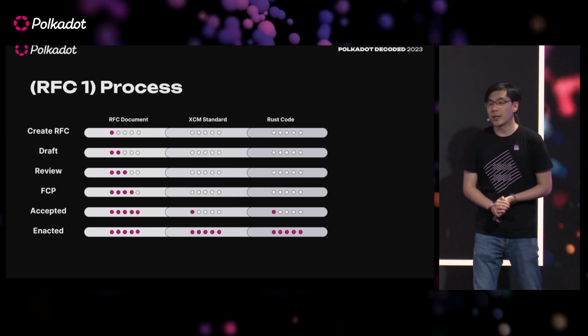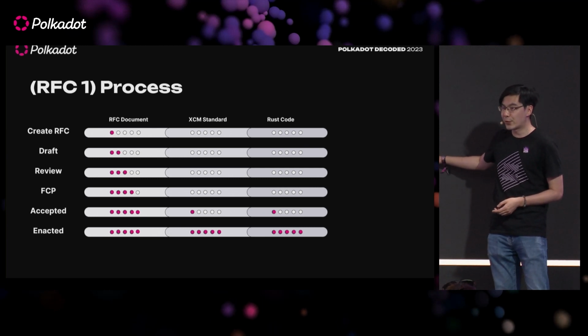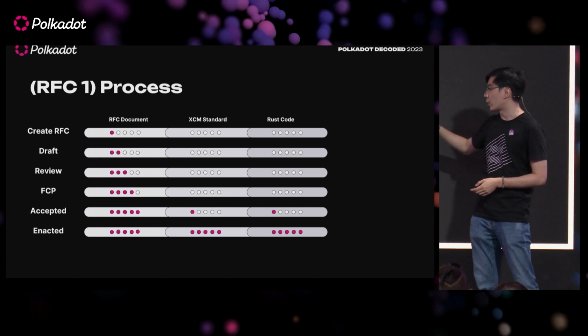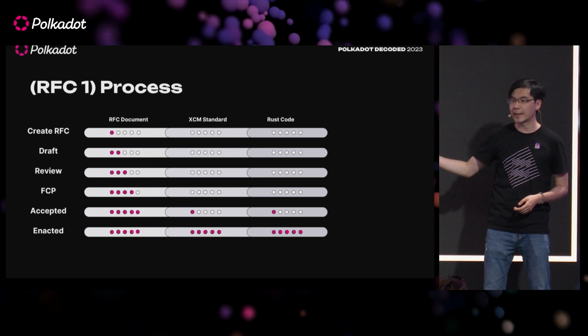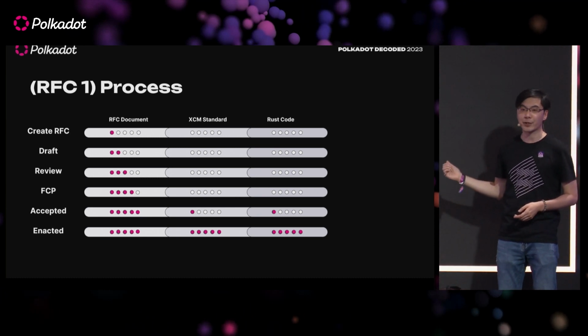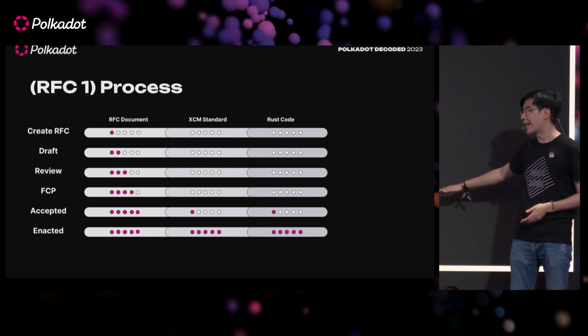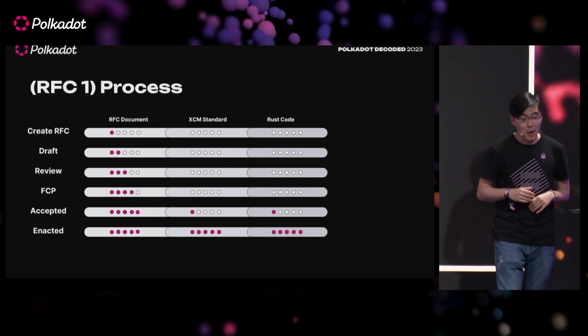Assuming that we accept your proposal, it will go through this stage, and this is where we can start implementing changes by updating the standard and updating the Rust code to support the new feature. And then finally, it goes to the enacted stage, where everything is in place.